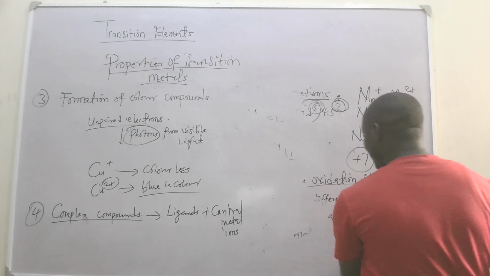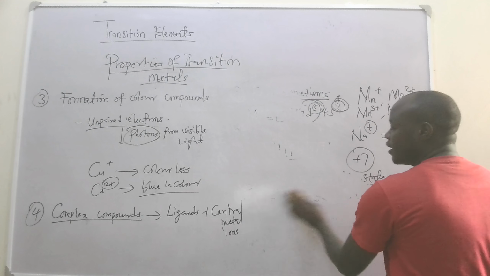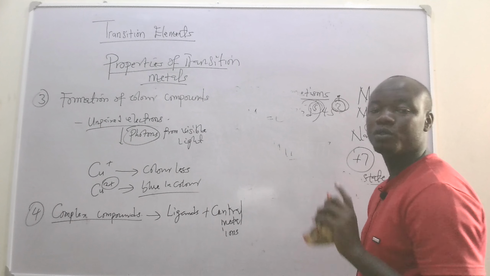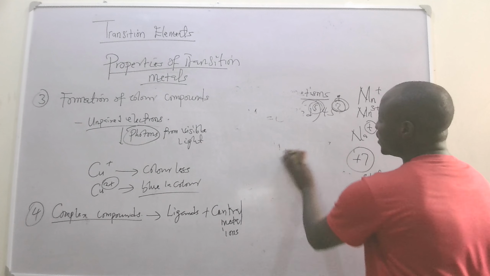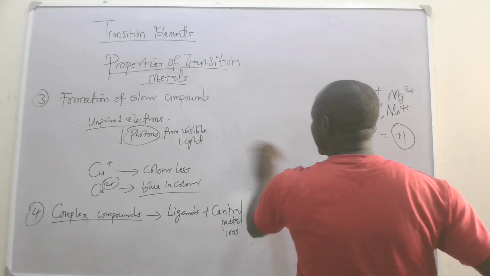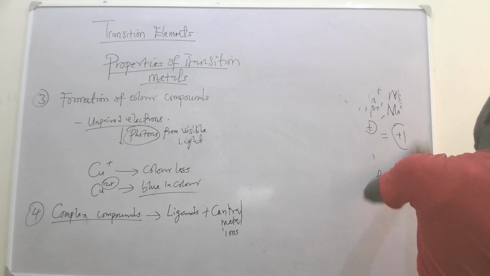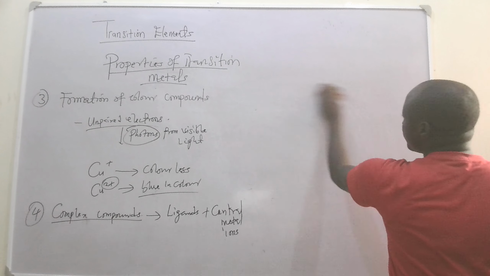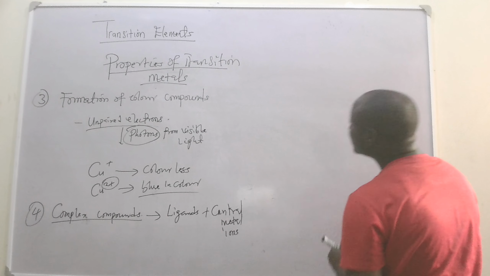So a ligand, ladies and gentlemen, is simple. They are defined as a group of atoms or ions that donate a lone pair of electrons.